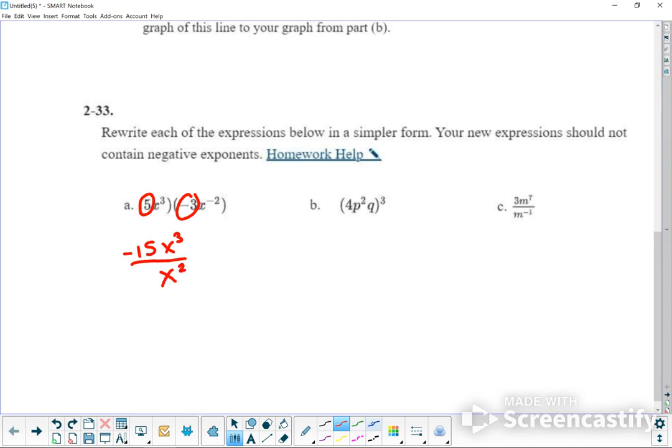You can use your properties to cancel. This means there are 3 x's on top and 2 x's on the bottom. You work it out like we did with expanded notation. If we work this out, our answer should just be negative 15x. Okay, that should be your answer.